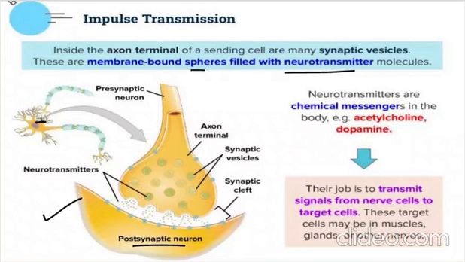Then this is the axon terminal, the synaptic vesicle, then there's a cleft, and neurotransmitters. All of these things are present in the neuron. Outside it looks so simple, but inside it has a very detailed structure. There are these vesicles which help in the transmission.